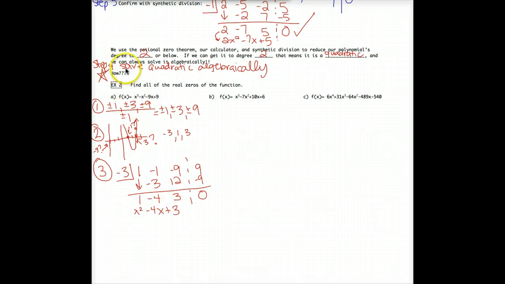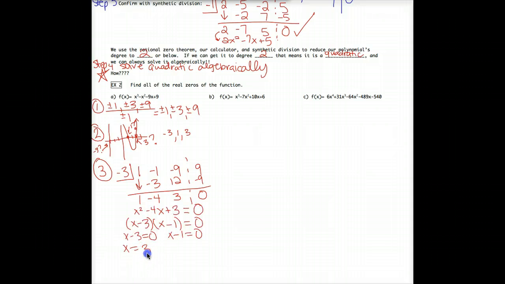Step 4 is to solve that quadratic algebraically, which means set it equal to 0 and solve for x. This one is factorable, so I'm going to go ahead and factor it. x minus 3 times x minus 1 equals 0, which means x minus 3 equals 0 and x minus 1 equals 0.